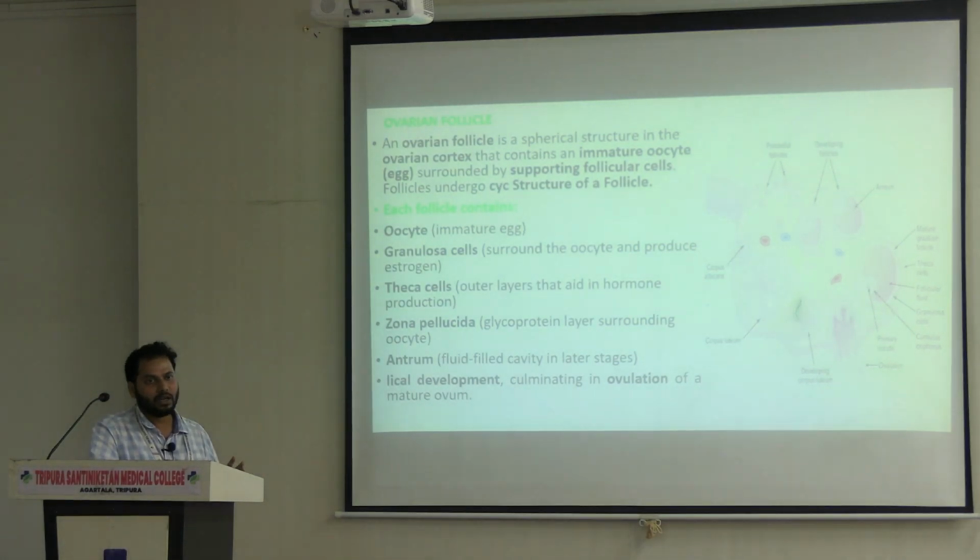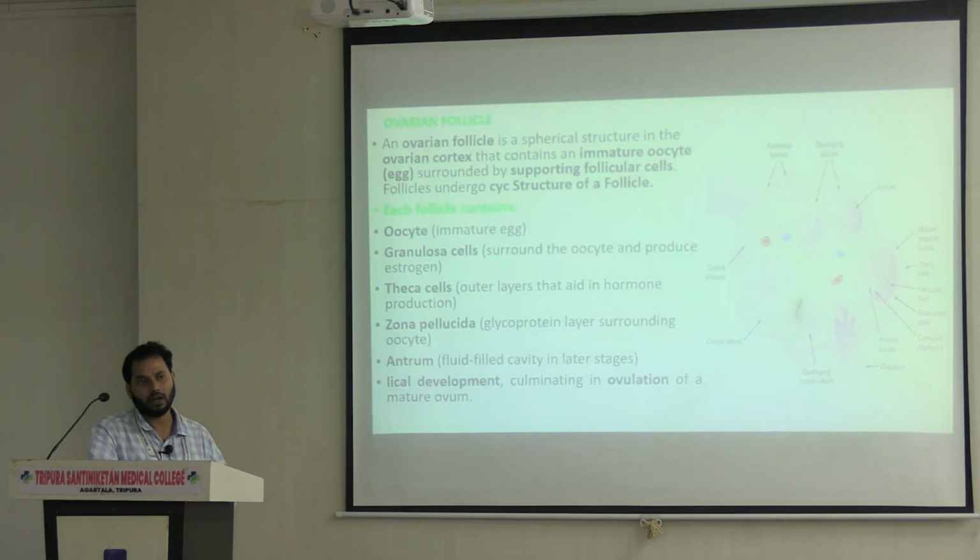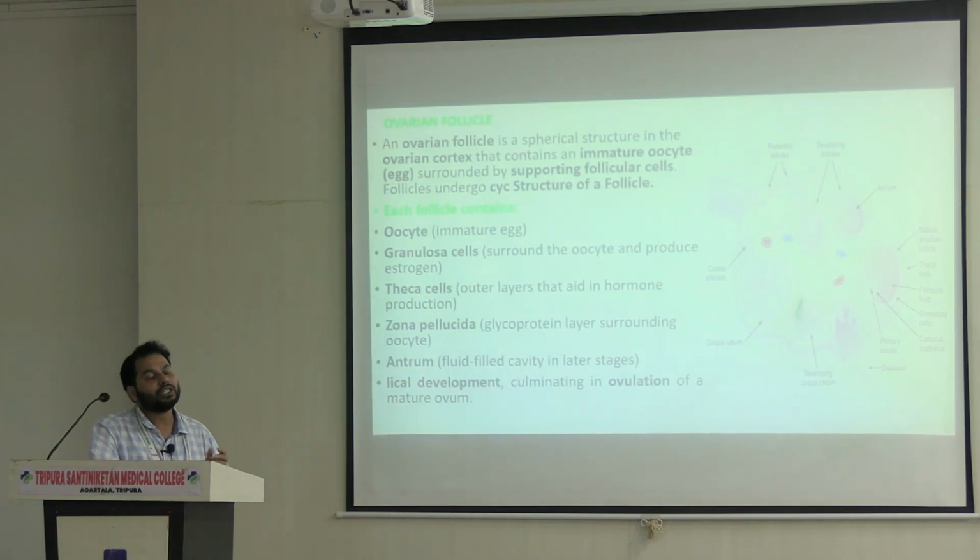So this is a very brief account of the structural and functional characteristics of the female genitalia. I hope now each and every structural part, their locations and their functional characteristics are clear. Thank you.